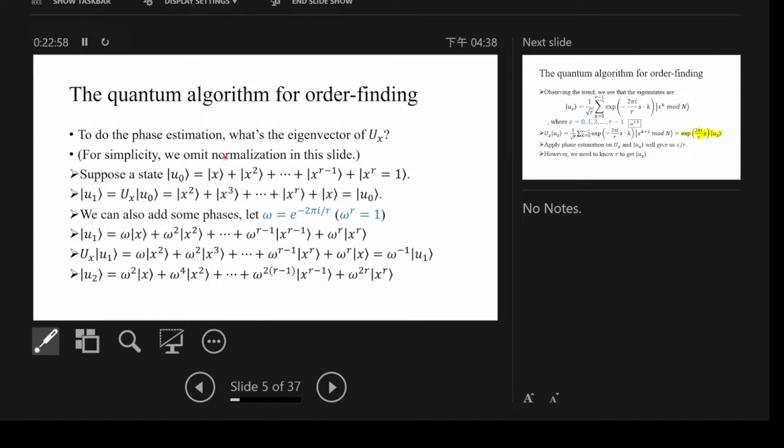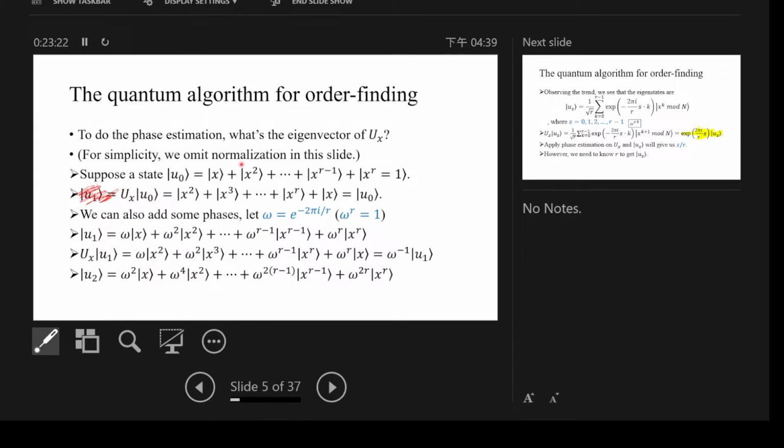So we have this state, and we apply, okay, so here we have the wrong writing. I should not write U1 here. So suppose we have this state and we ask what is the eigenvalue.